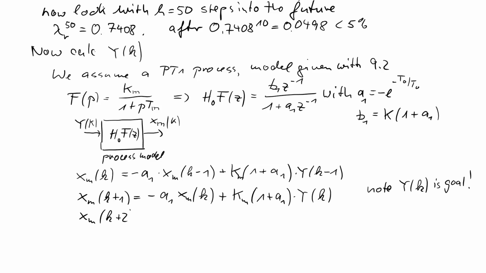If I have k plus 2, you see this is minus a1 xm of k plus 1 plus km times 1 plus a1 times y of, and now different, I have mentioned it, in my deadbeat design, I have now a new controller output.